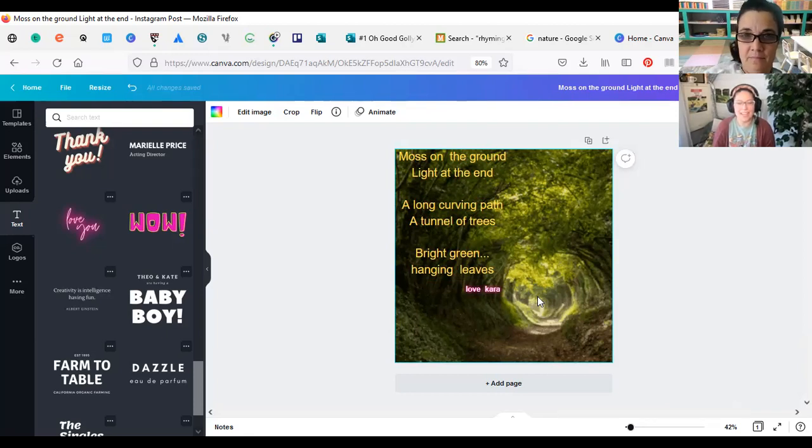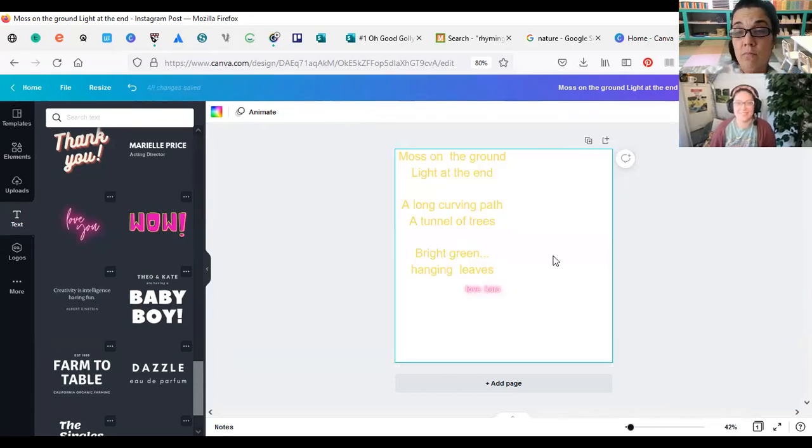Bright, green, hanging leaves. Now, if I were to take it away, you think you'd be able to image it back into your mind? I'm gonna read it to you again. Moss on the ground, light at the end, a long curving path, a tunnel of trees, bright green hanging leaves. Do you think you could have gotten that image into your mind?